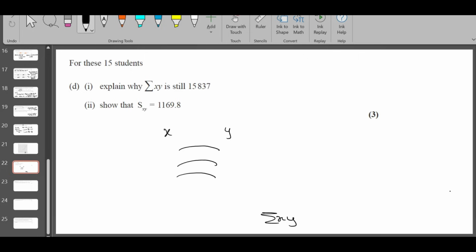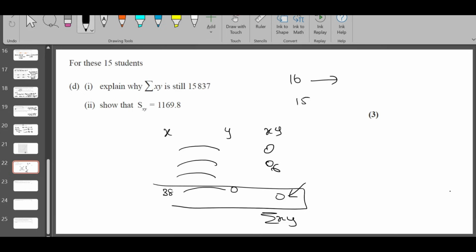right? For the student who scored 38, the y is 0, so when you multiply, it's 0. So for 16 students also, when you add everything, let's say this is xy, you have some numbers here, but this is going to be 0. Even if you take 15 students, you're going to neglect this.